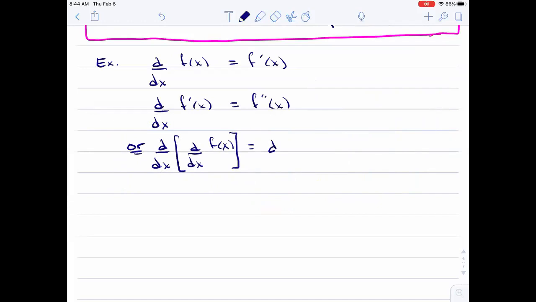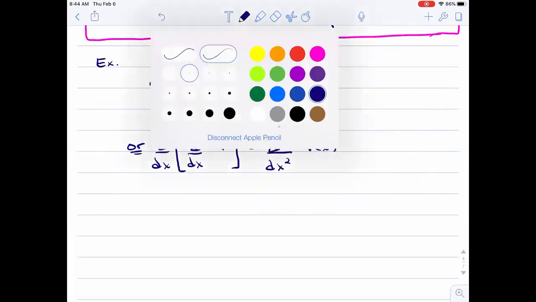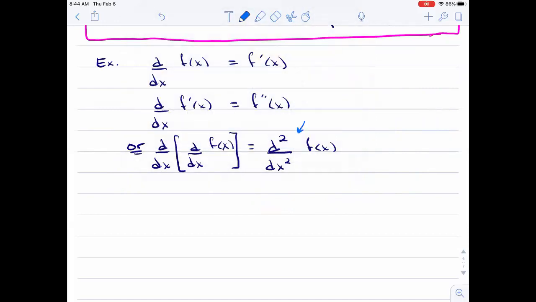How we write this is d squared over dx squared f of x, and this is the second derivative.